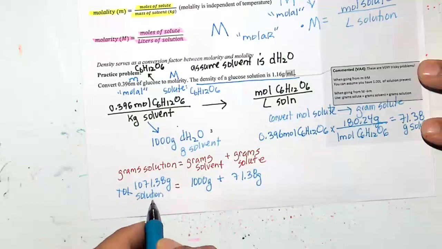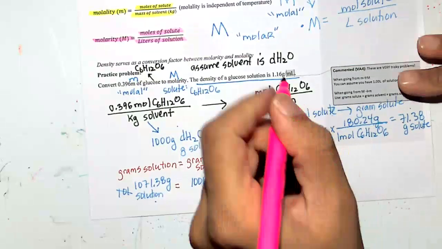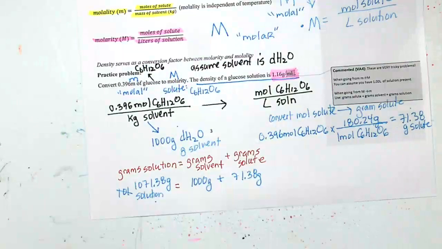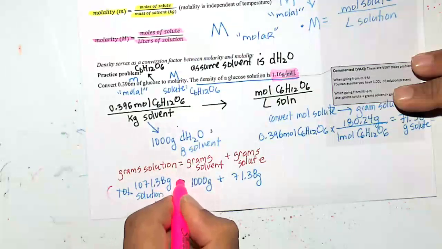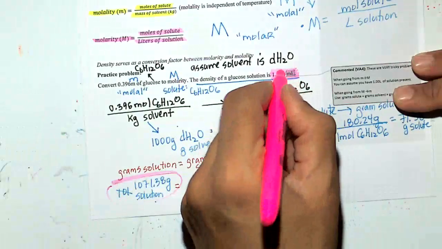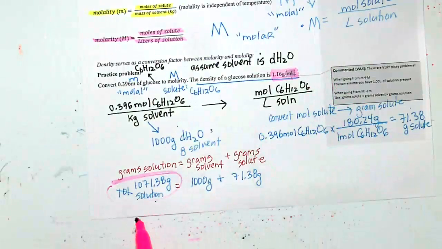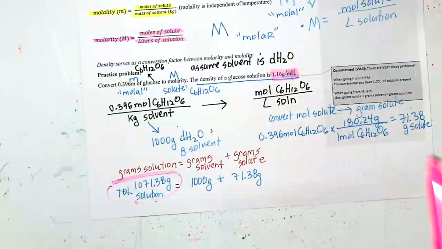All right. So we have our grams of solution, and one thing that we also have in this problem is the density. Okay, the density of the solution. So let's use the density of the solution with the grams of solution to get the volume of the solution.